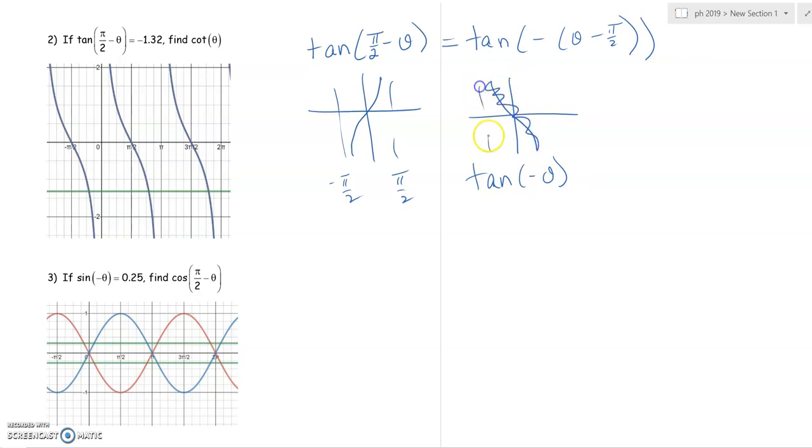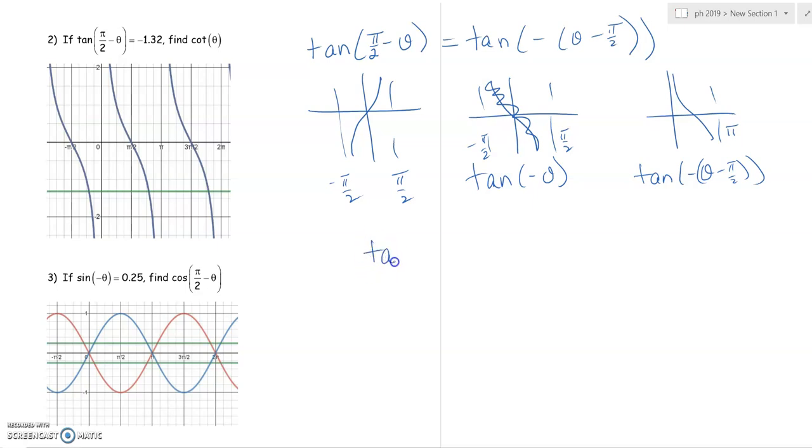I'll make it fuzzy, looks something like this. And then another transformation says move it right pi over 2. So here's the tangent of the opposite of theta minus pi over 2. There we go. And notice it really looks like a cotangent graph.